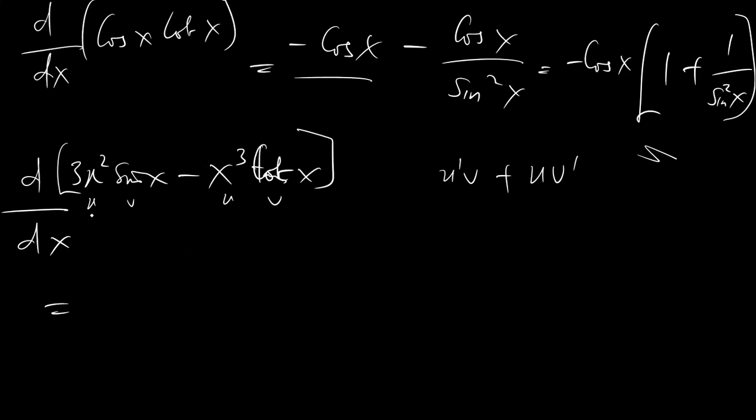So now u prime, let's say our u is 3x squared. Now u prime is 6x, then v, which is sine x.